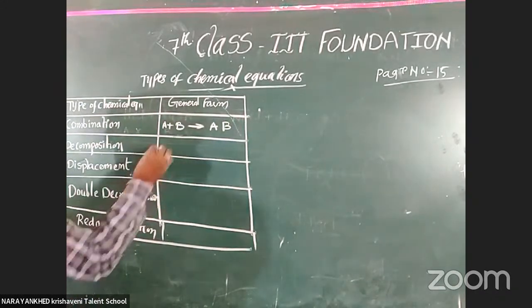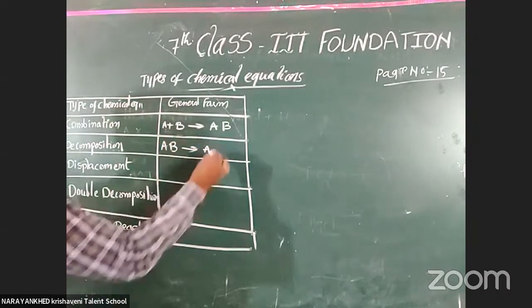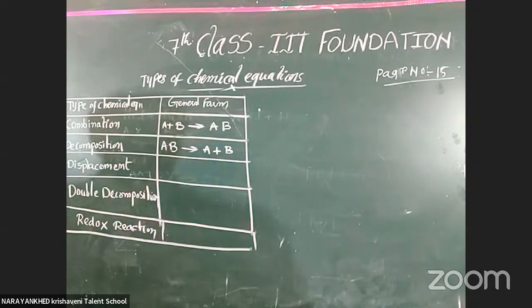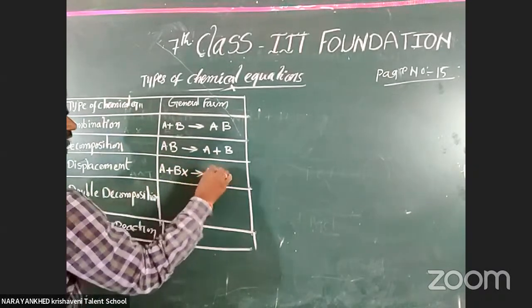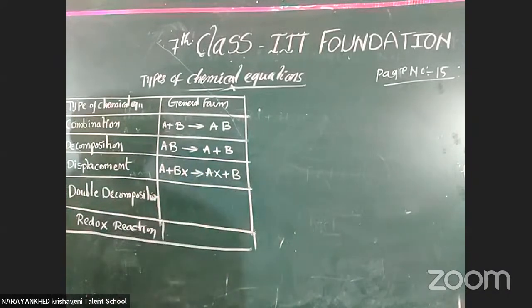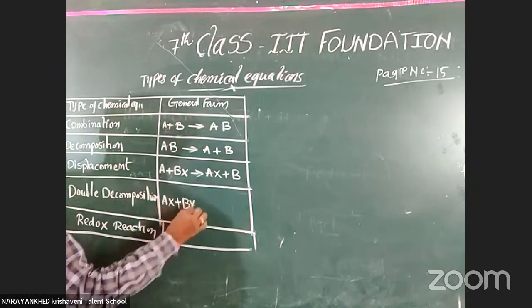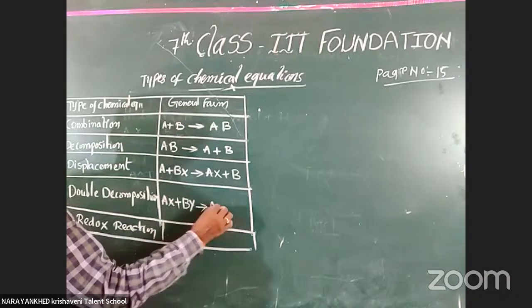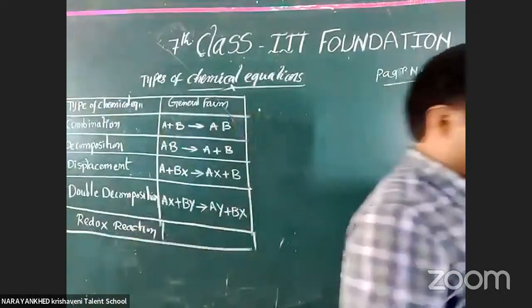Now decomposition: AB gives A plus B. Displacement is nothing but A plus BX gives AX plus B. Here, double decomposition: AX plus BY gives AY plus BX. Next, the last one is the redox reaction.